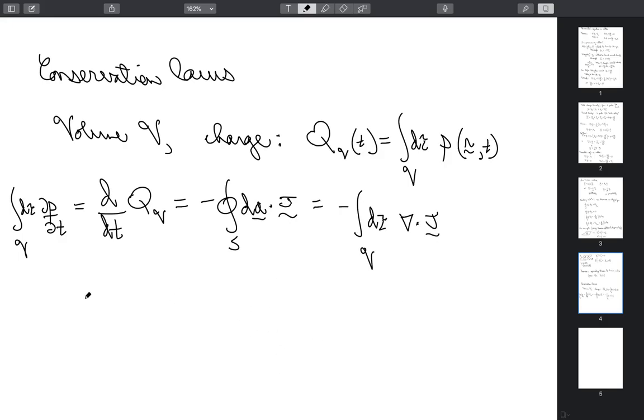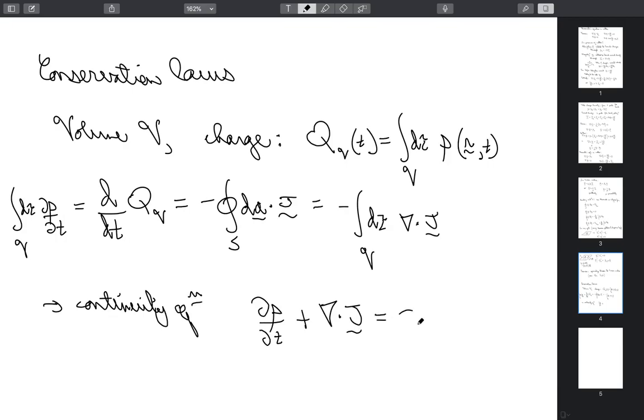And lo and behold, we get the continuity equation for charge, that the time derivative of the density plus the divergence of the current vanishes. Okay, really this is a direct consequence of Maxwell's equations. You can just derive this identity from Maxwell's equations directly. That's essentially what we just did. Okay.